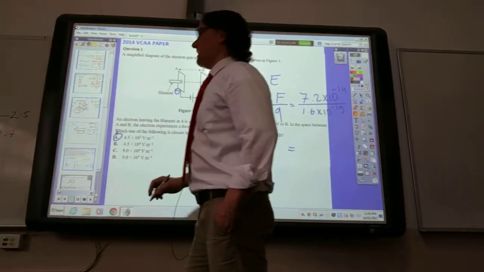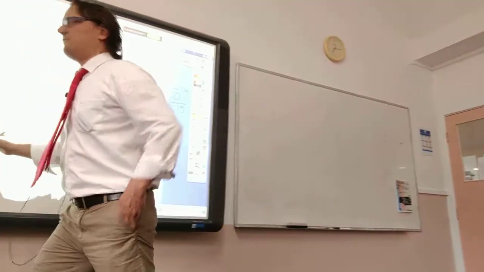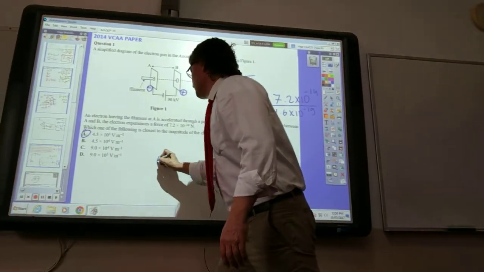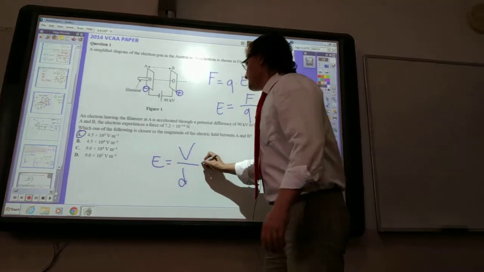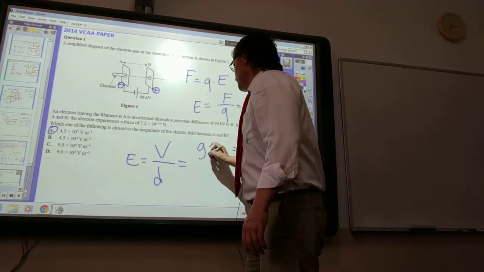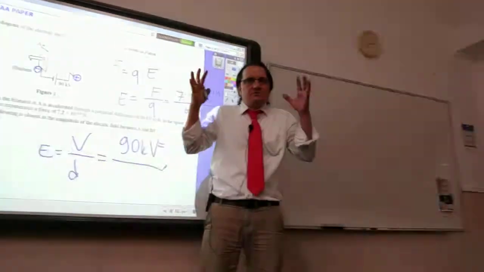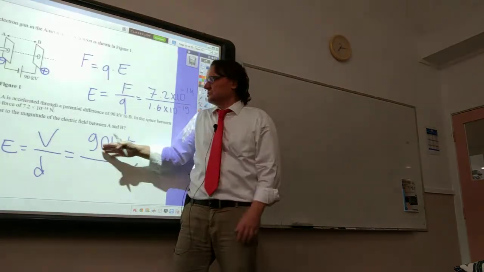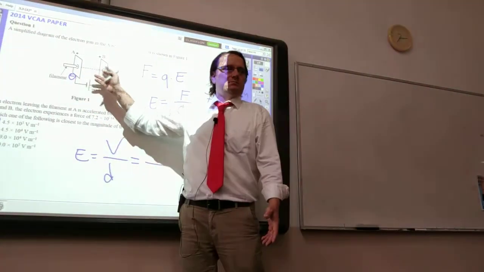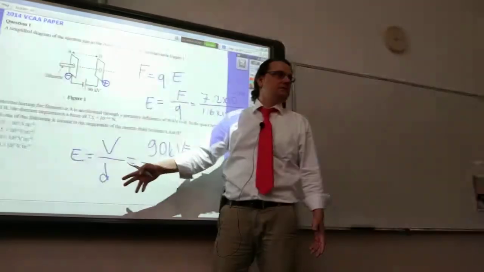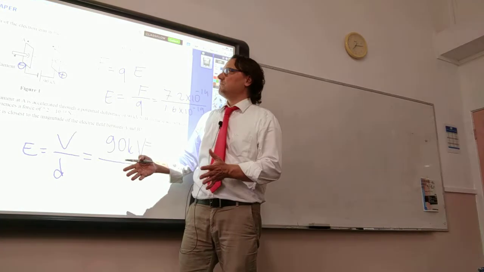Now, the trick to this question is, in your formula sheet it writes E equals V over D, right? And V is provided, 90 kilovolts. So you tend to feel obliged to use this formula, because for the electric field between charged plates it's V over D. So it's 90 kilovolts over the distance between the plates, which is not provided.